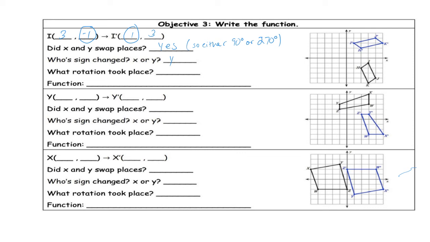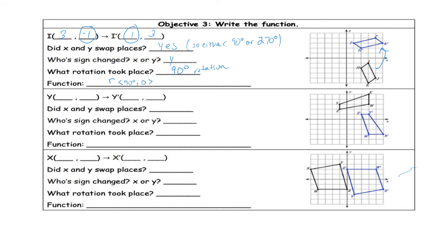The Y value changed, right? So we know we take the opposite of Y when doing a 90-degree rotation. Okay, so we figured out it's a 90-degree rotation. Remember I told you if it moves one quadrant, you're most likely going to have 90 degrees, but we just have to check it. And the way we write this rotation, right, is a small lowercase r, 90 degrees about the origin.